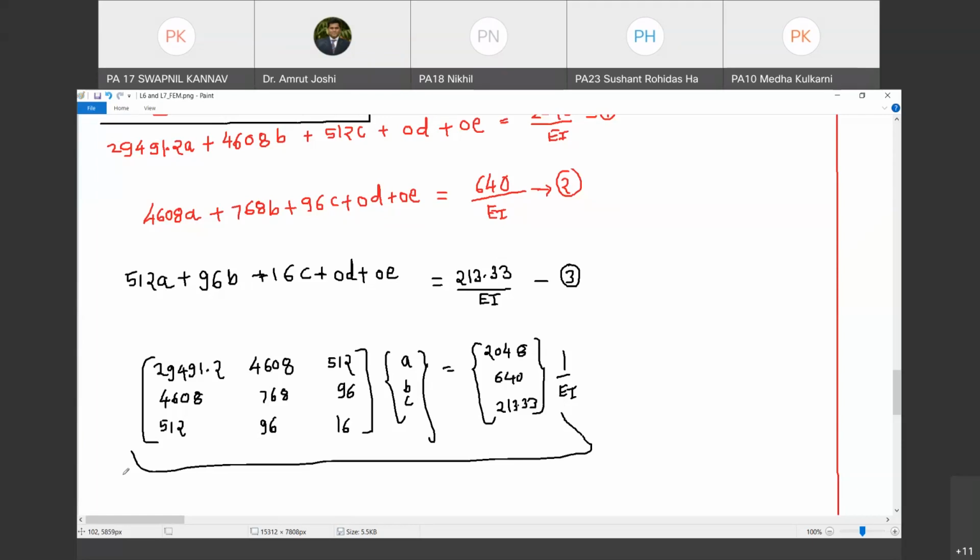Then second equation 4608, then 768, then 96 and 640. Okay, great. Then next equation 512, 96, then 16, and then I have 213.33. Are you with me?